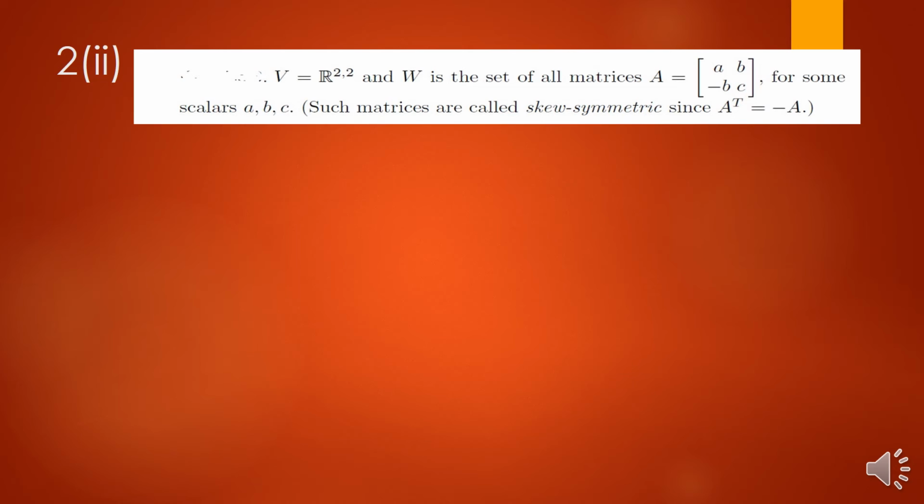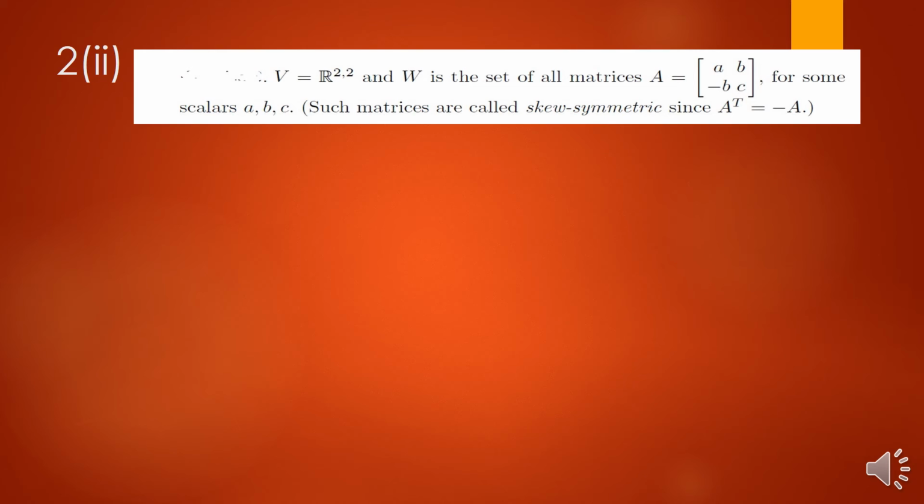And when we talk about a transpose of a matrix, this is just a matrix which is formed by turning all the rows of the given matrix into columns and vice versa in order to come up with a transpose. But here we are saying a symmetric matrix is a square matrix that is equal to its transpose.